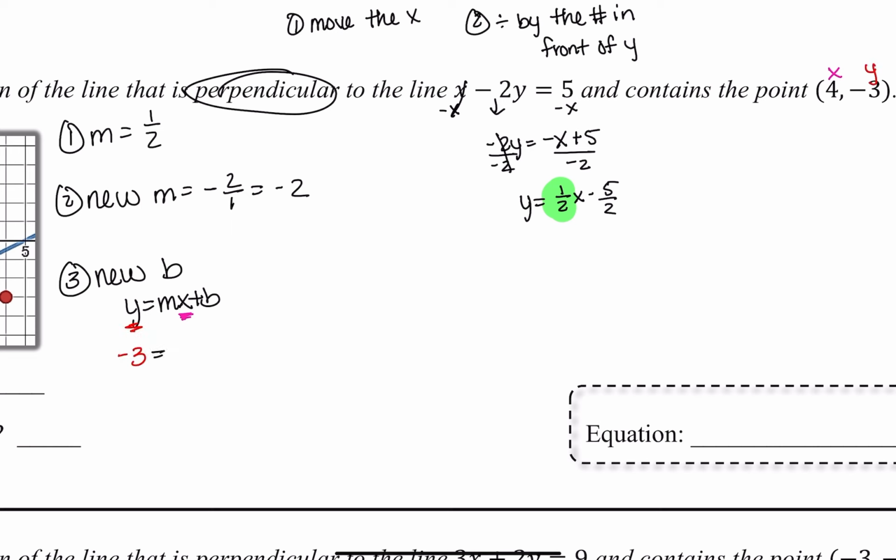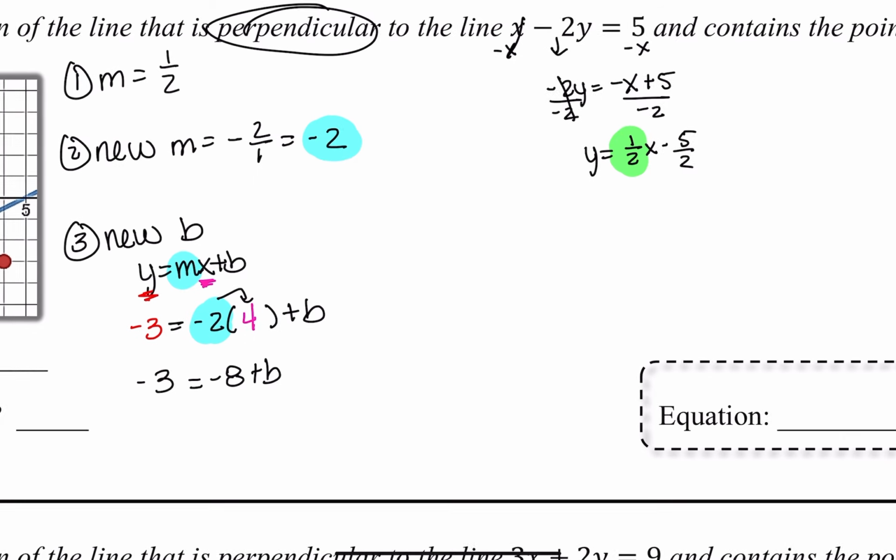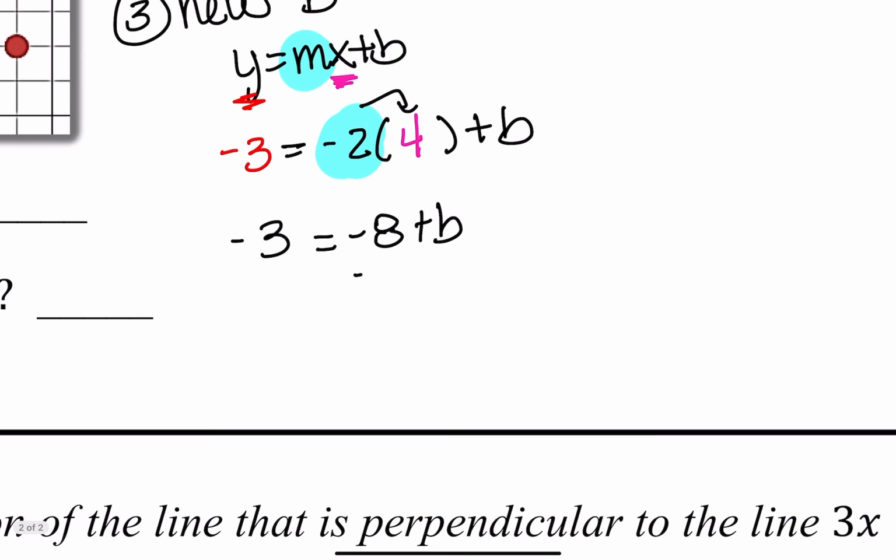Then I'm going to use my new m, and then my x is 4. Again, we're using our new m to help us now. So that's where I got that from. And this is going to be a negative 8. You're trying to get b by itself, so the inverse of a negative 8 is a positive 8. This is going to give you 5.